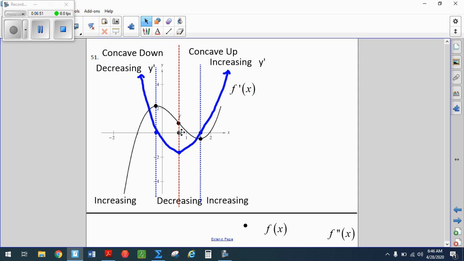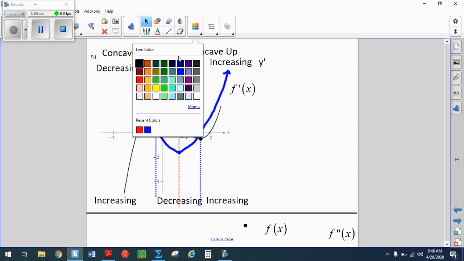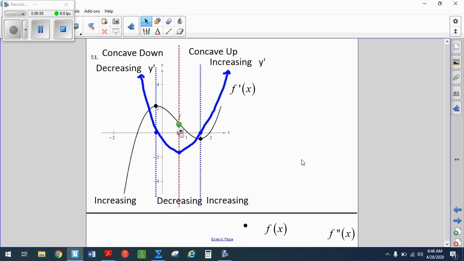And I'll put this 0 in red, because we're going to graph our second derivative as a red function. Since my first derivative was a quadratic, my second derivative is going to be some type of linear graph. I don't have arrows on the red line, but you get it. So that's my second derivative function. And again, I don't know how steep it is because I don't know the equations associated with the original function or the derivative.